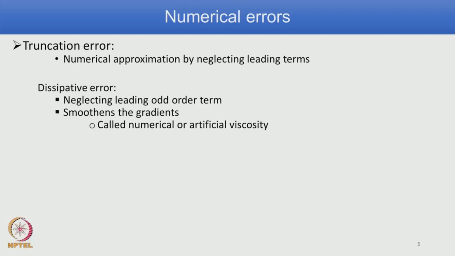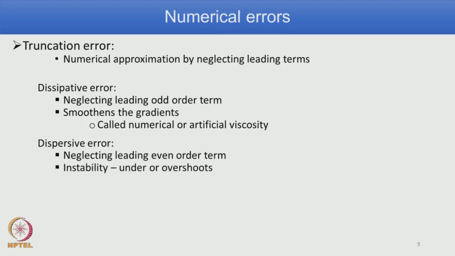So, in this dissipative error, where the leading neglected term is of odd order, it functions like a numerical viscosity or artificial viscosity, which helps in smoothing the problem. On the other hand, you may not get very peak or accurate results.